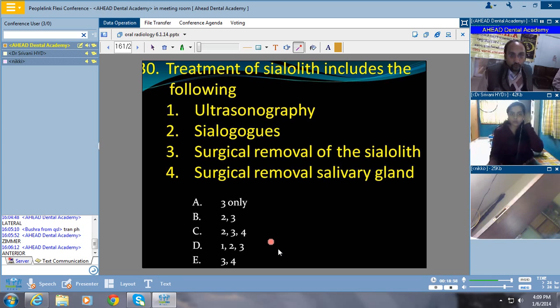So what is the next best answer? Obviously you do surgical removal of the sialolith, and you also use sialogogues, and there is also surgical removal of the salivary gland. So the correct answer is choices 2, 3 and 4. So the correct answer is choice C.